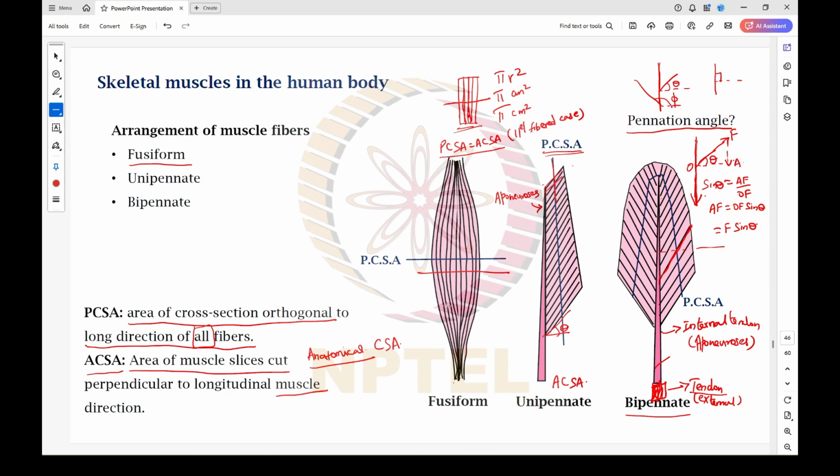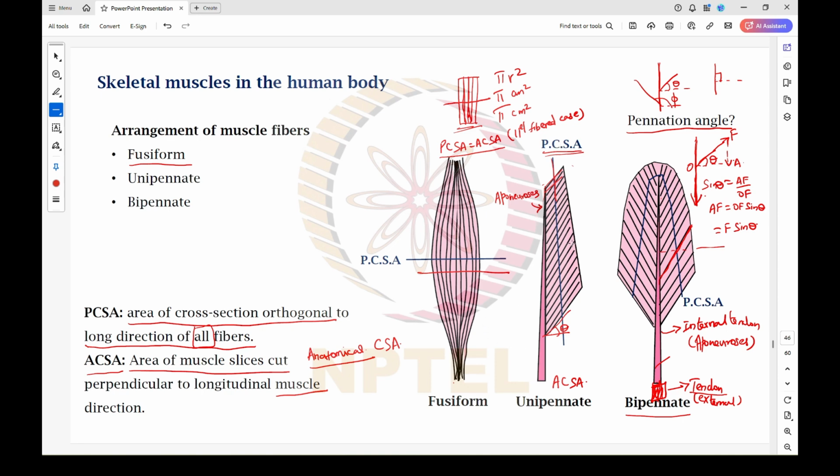In case of unipennate muscles, the physiological cross-sectional area will be this. So basically all the fibers are aligned like this, and the perpendicular to this would be the physiological cross-section area.